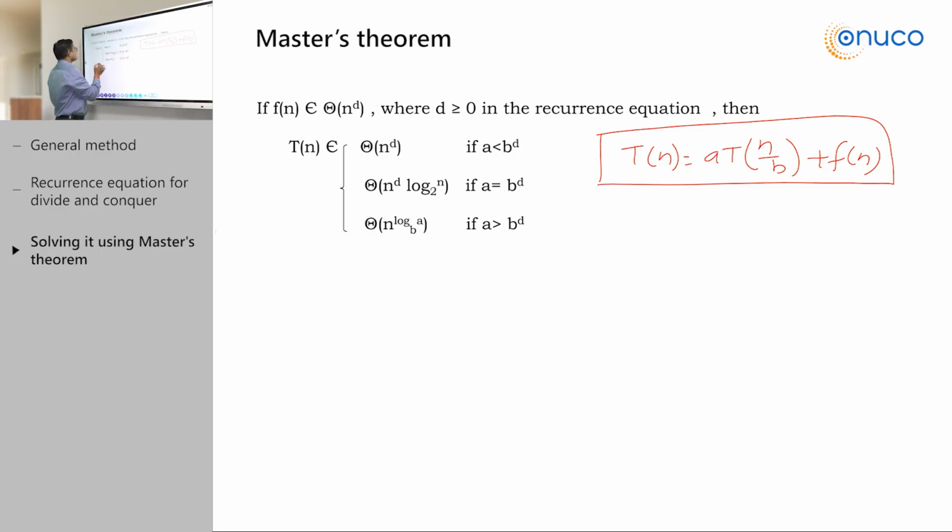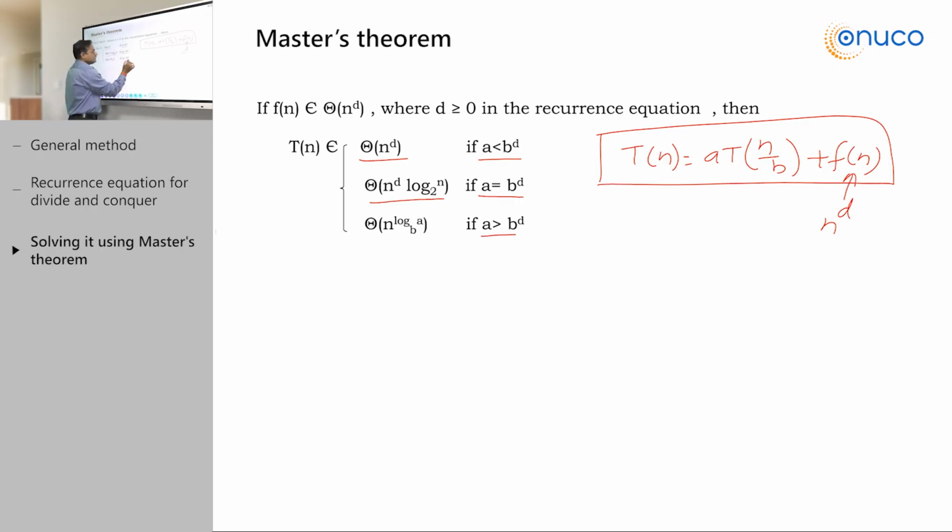Now let us see that. If that is the case, then there are three possibilities of time complexity. One, if a is less than b to the power d. Here is a, here is b, and here is the function, which we can write in the form n to the power d. First compute this. If a is lesser than b power d, then time complexity will be theta of n to the power d. If a is equal to b power d, then time complexity will be theta of n to the power d log n base 2.